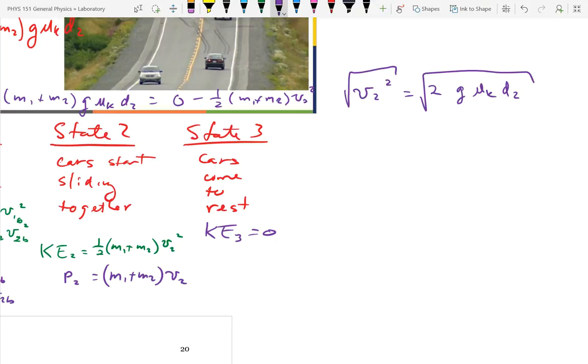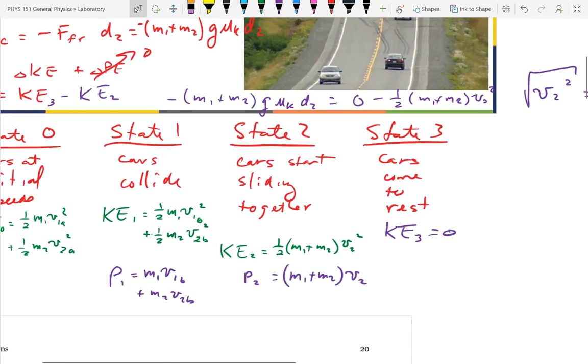Now I'm going to go to before the collision. And so I'm going to go from state 1 to state 2. What condition can I use to relate state 1 to state 2? I've already said it, so it's asking you to think back to what I said.